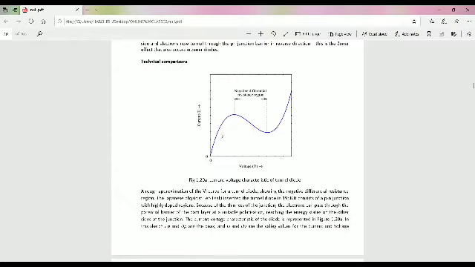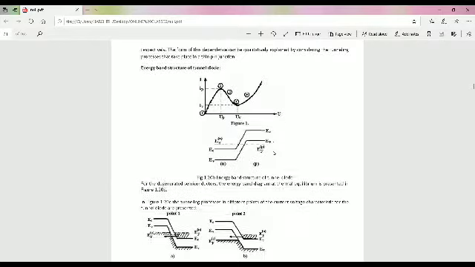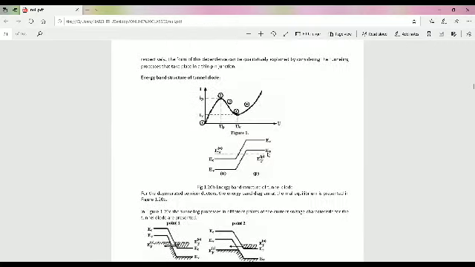So forward voltage increases, forward current decreases. This is called the negative resistance region, in forward bias operation.